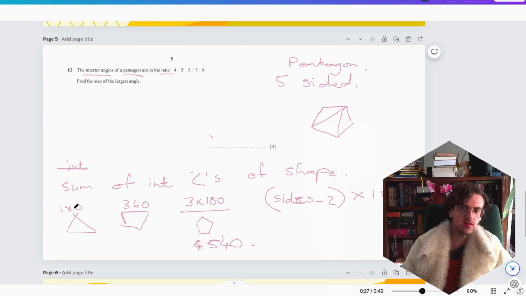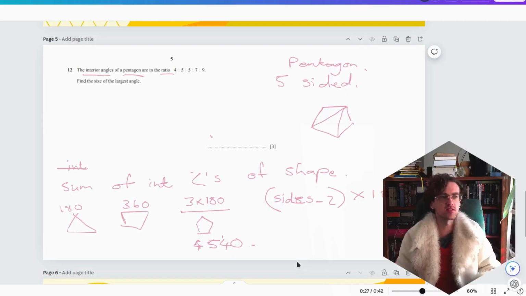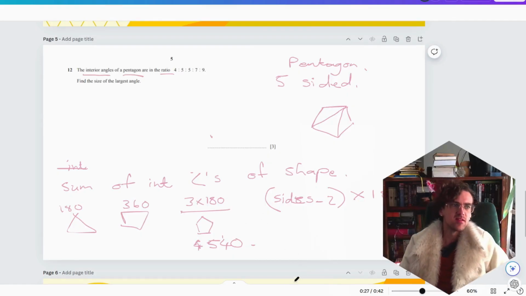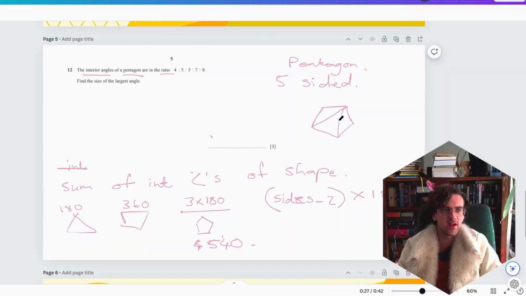For instance, a triangle, you've got 3 sides, minus 2 gives you 1 times 180. So that's a little cheat for that, but the formulas are less important because you saw that I just showed you how to do that quickly without a formula. Formulas are there to help you remember how to do things, but a lot of the time in my exams at school, I used to just figure out the formula myself because I sucked at memorizing formulas.